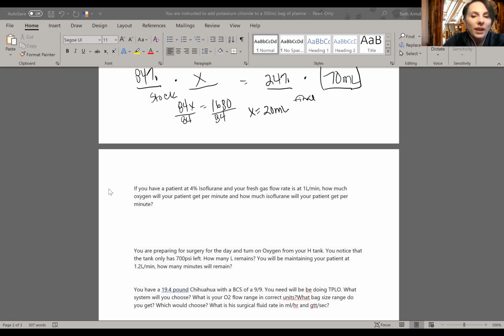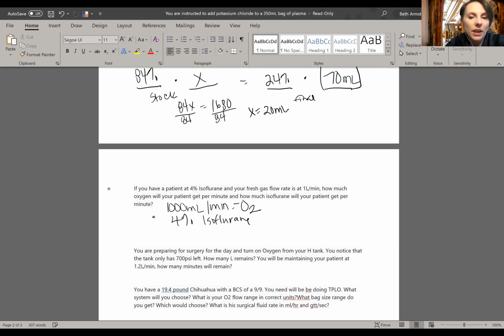So take your liter and change it into mLs. So 1,000 mLs per minute is oxygen, if you had no gas anesthetic going through, except you have isoflurane. So 4% of that is isoflurane.